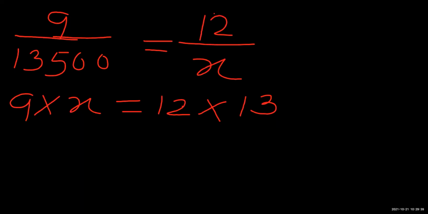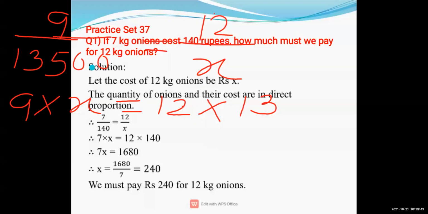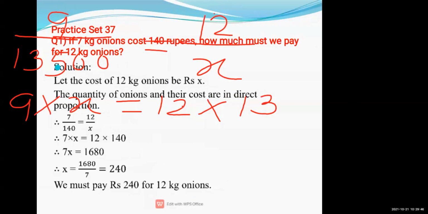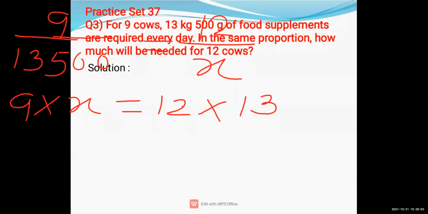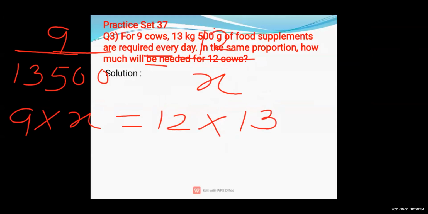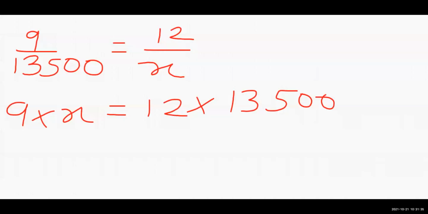Just wait a minute. As we cross multiply, 9 into x equal to 12 into 13,500. Clear? Now 9 into x will be 9x.